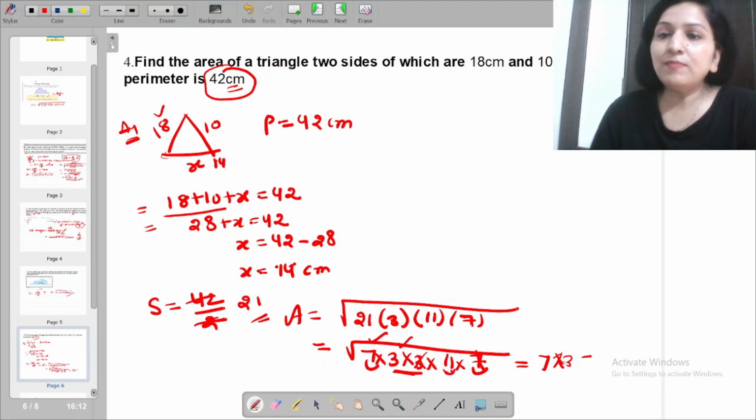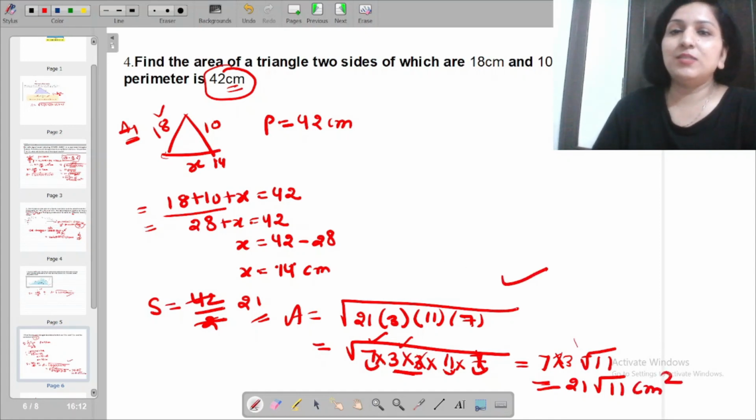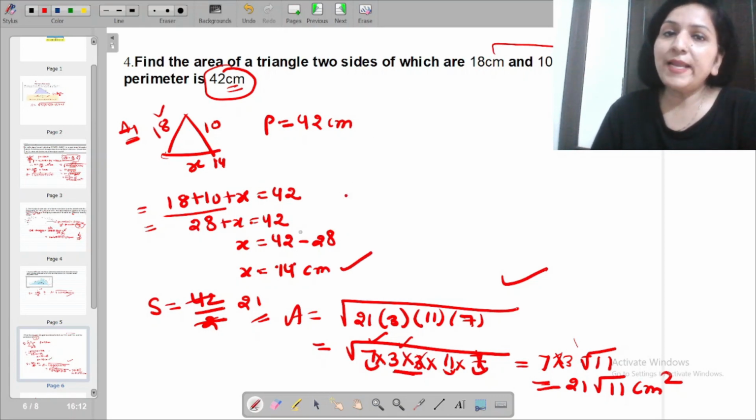It is not paired up. So it will remain inside the root like this only. 7 into 3 is 21 root 11. Don't forget to put the unit which is centimeter square. That's your answer. ठीक है, कुछ नहीं करना था. Perimeter minus the sum of these two sides, you have got the third side. तीनों side आपको पता है. Use Heron's formula and your answer is 21 root 11. Okay. After this, let's move to the next question.